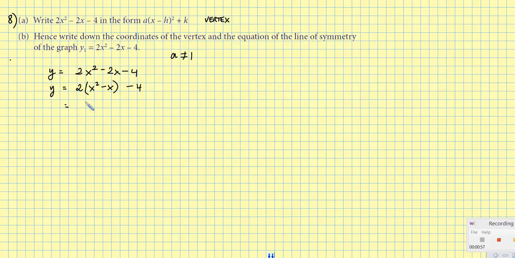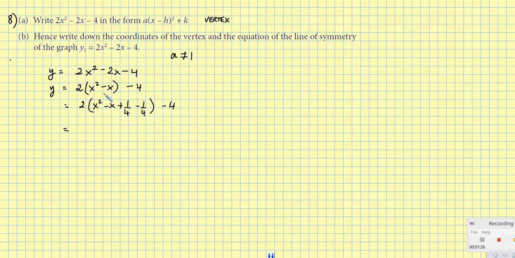Now we're going to take the x squared minus x, take half of x, which is x over 2, or 1/2 x, and square it. So we're going to do plus 1/2 squared, so it's plus 1/4. So it'll be plus 1/4 minus 1/4, and then minus 4.